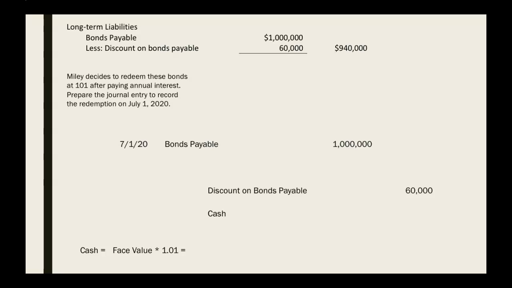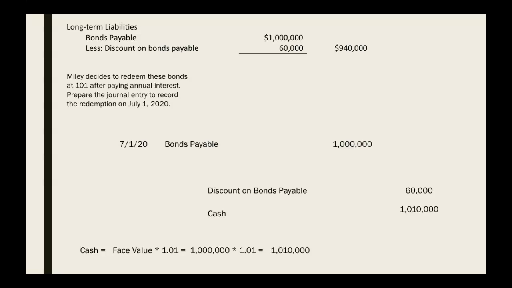So that's at 101% of face value. So our face value, that's the 1 million. We multiply 1 million times 1.01, or 101%. And we get $1,010,000. So we put that in there for cash.